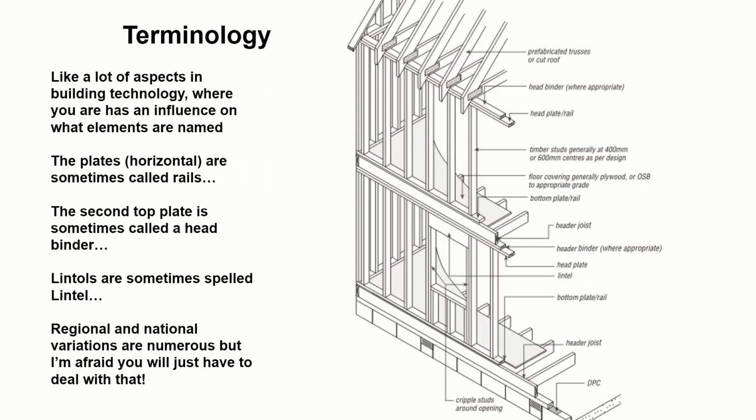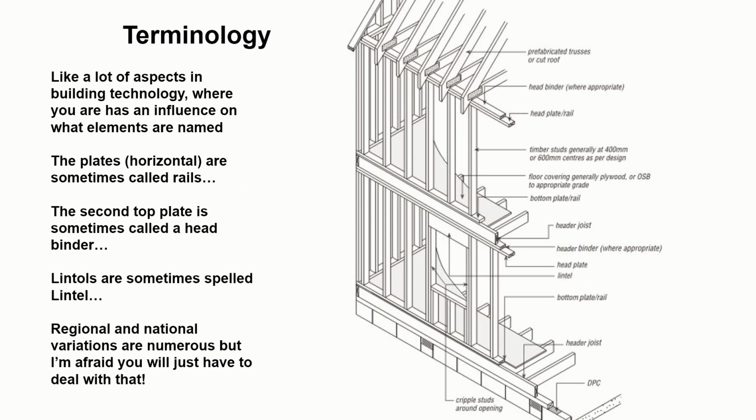One issue that you will come across is that depending on where you are, things will be called different names, which can be confusing and not very helpful to you. You'll find that in different parts of the UK we have plates for horizontal piece of timber, in other parts they're called rails.